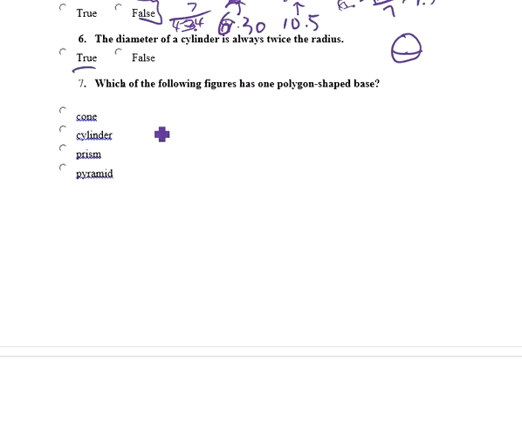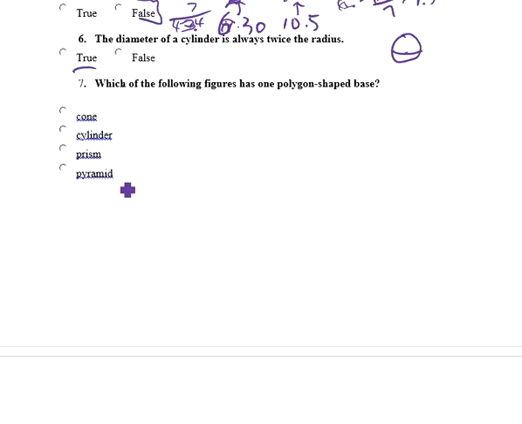That's true. Which of the following figures has one polygon-shaped base? So a cylinder has a circular base. A cone has a circular base, or just a point.